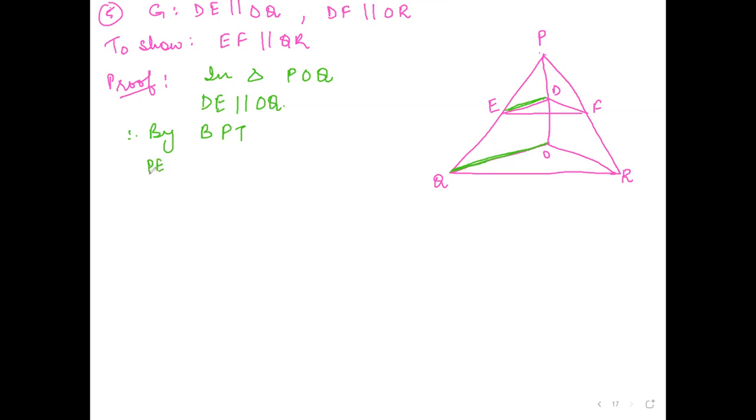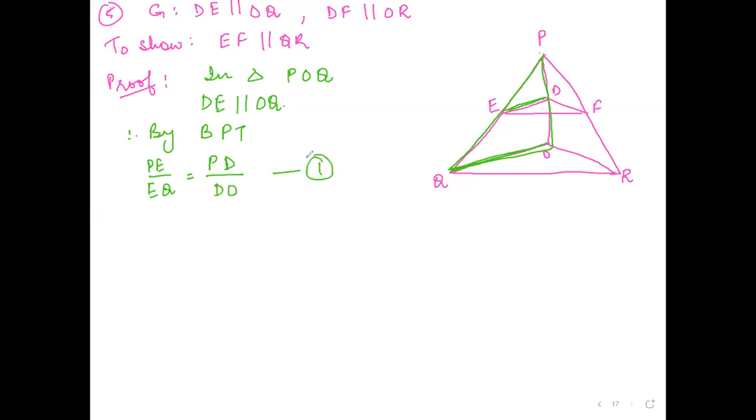PE upon EQ. See this triangle, only this triangle you are using, right? So one side you have written PE upon EQ. What is the other side of this triangle? PD upon DO. Yes, that's good. Mark it 1.